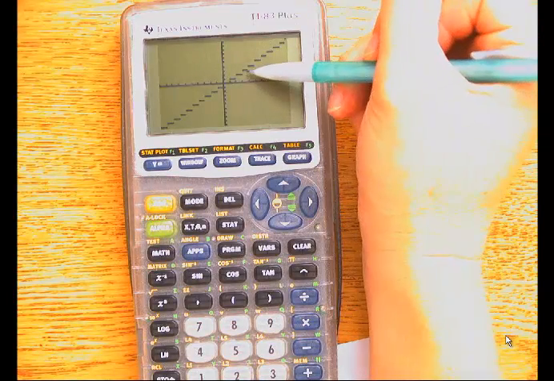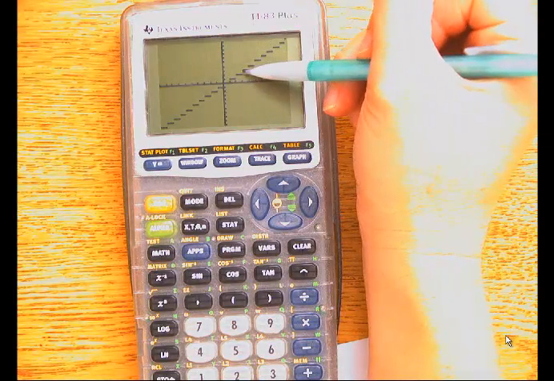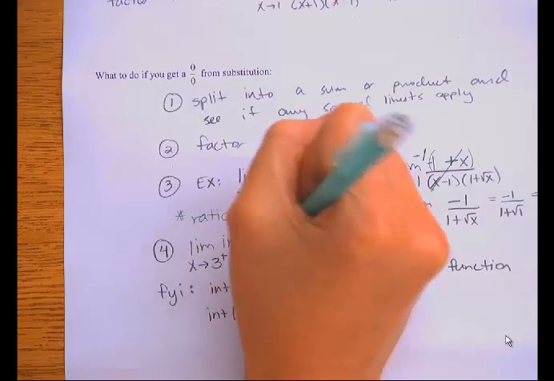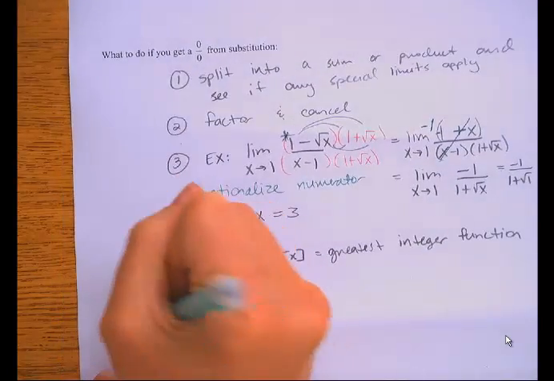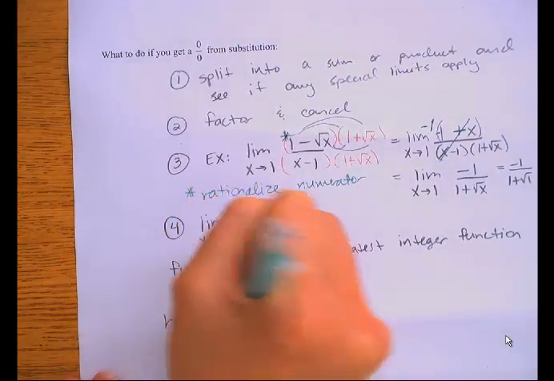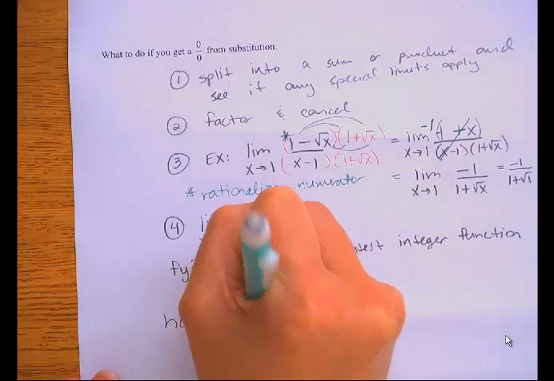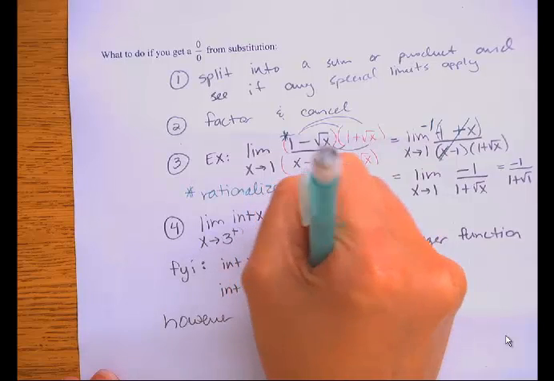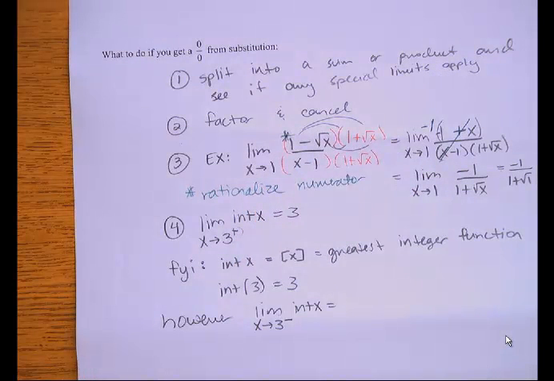So as x is approaching 3 from the right, the y values are in fact at 3. So that is in fact correct. Not a problem. Substituting worked. However, if this had asked instead for the limit as x was approaching 3 from the left, well, it would be a different story. I would not be able to find that out by substituting.